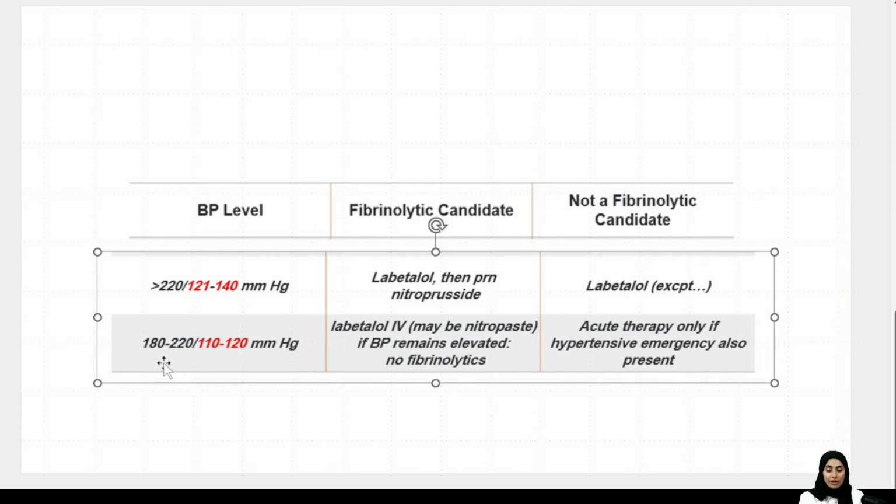If blood pressure remains between 180 and 220 systolic and diastolic between 110 and 120, and the patient is a candidate for IV tPA, we will treat to reach our target. If the blood pressure remains high, the patient will not receive IV tPA. But if the patient is not a candidate for IV tPA, treat acutely only if there is hypertensive emergency. Otherwise, we will keep the blood pressure on the higher side.